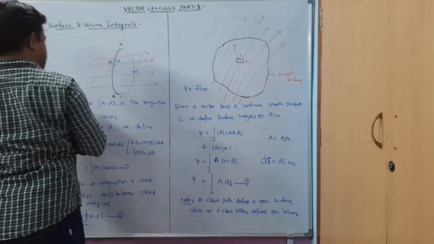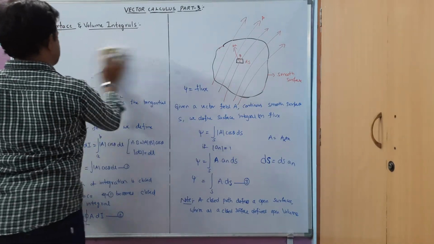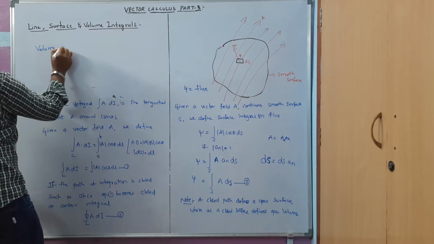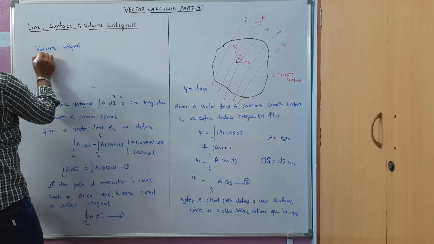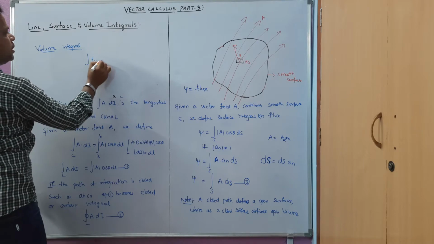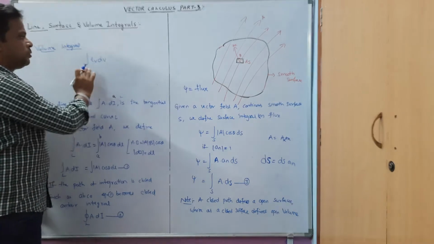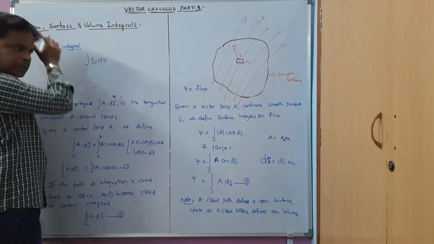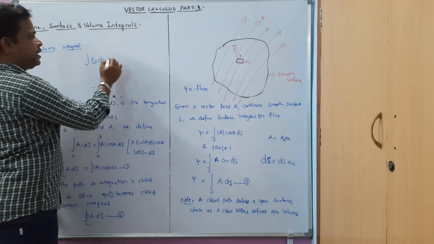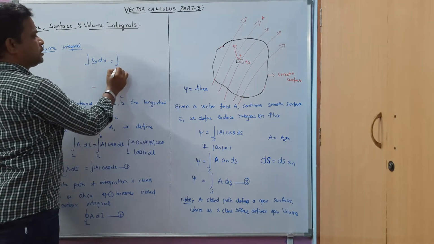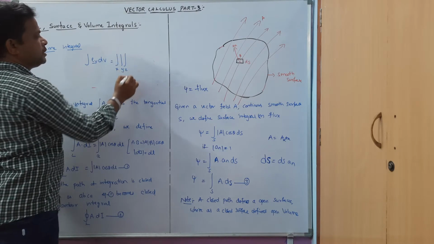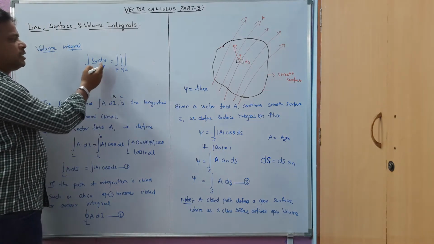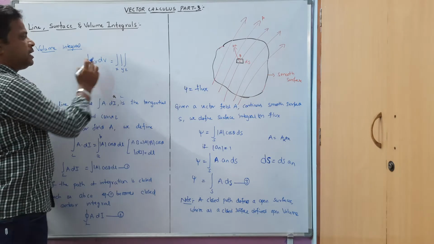Finally we will take the volume integral, which is given by a small formula, the integral of rho v into dv. This is going to be a scalar one. Why? Because the volume integral will be a triple integral. In Cartesian we will get integrals over x, y and z. In cylindrical we will get rho, phi, z, and similarly in spherical we will get r, theta, phi, and dv will be changing.